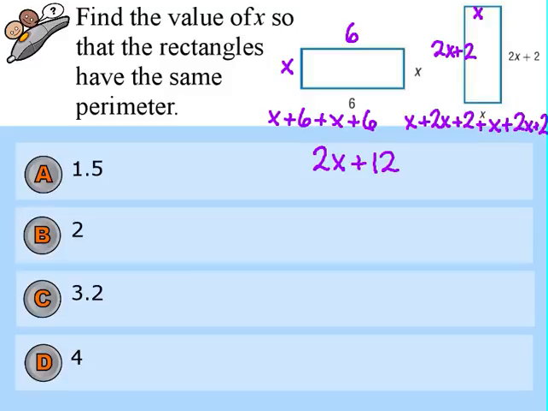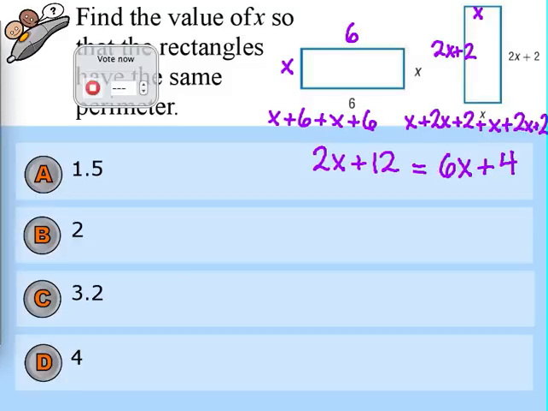How many is this? 4, 6. So I have 6x plus what? 4. Yep, good. So now if they have the same perimeter, what do I know about each of those? They have to equal each other. So really, this is just an equation I need to solve. So I want you to go ahead and solve that, and then type in your answer on the expression if it's A, B, C, or D.